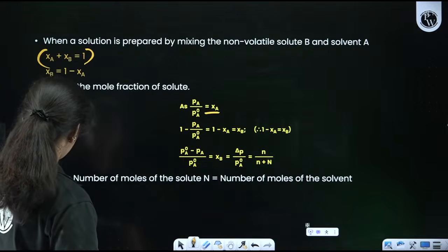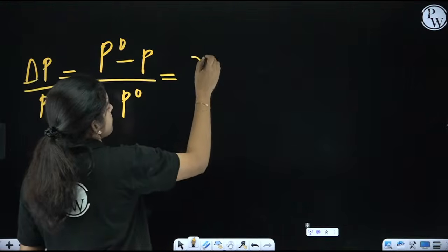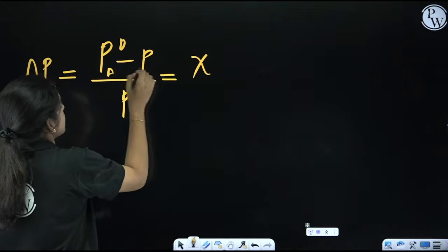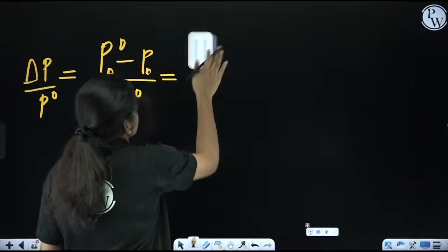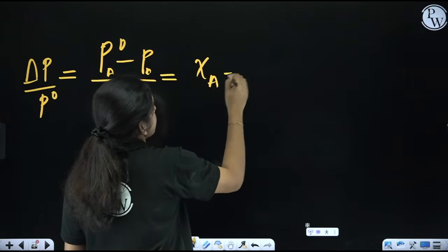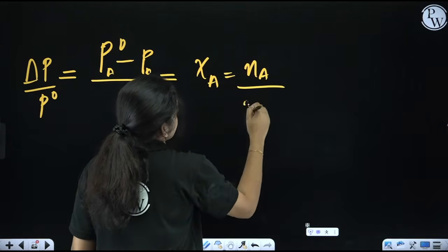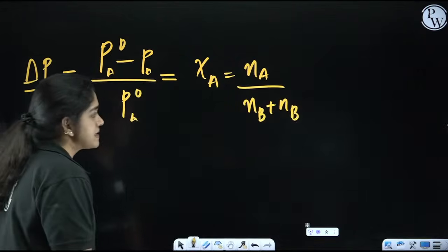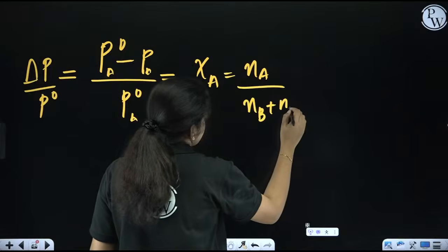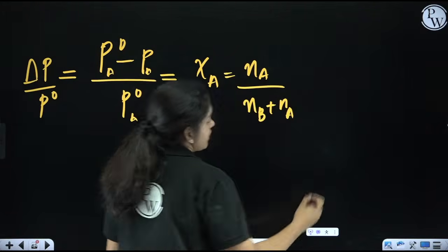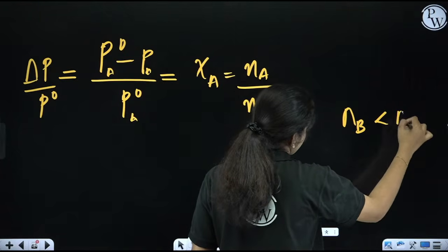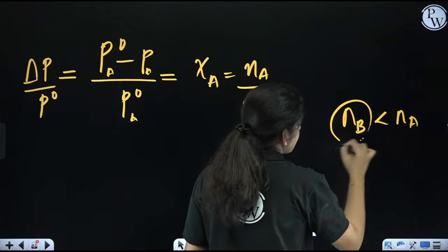Okay. What is chi? If it is chi A, we can write here A. So chi A we can rewrite as Na by Na plus Nb. Here Nb is very small. When Nb is very small compared to Na, we can neglect the Nb.